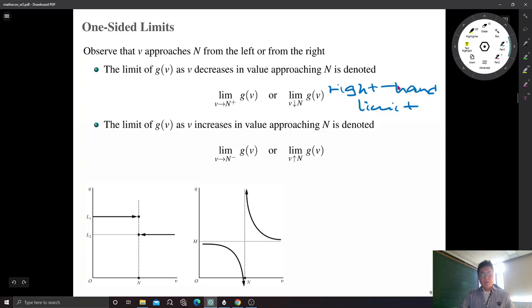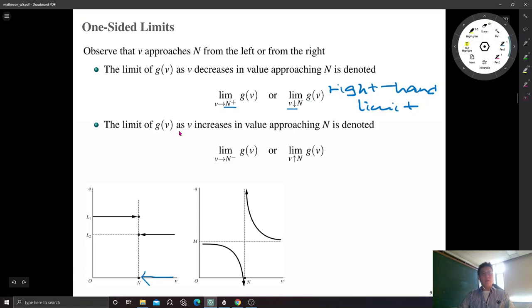So the right-hand limit of function g of v is the limit of the function as v approaches n plus. Here the positive sign highlights the direction of v. So now v is approaching number n from the right, this way. Or in this situation, v is decreasing to number n. So we can use a downward arrow to describe the right-hand limit. So either the plus sign or the downward arrow indicates the right-hand limit of the function.